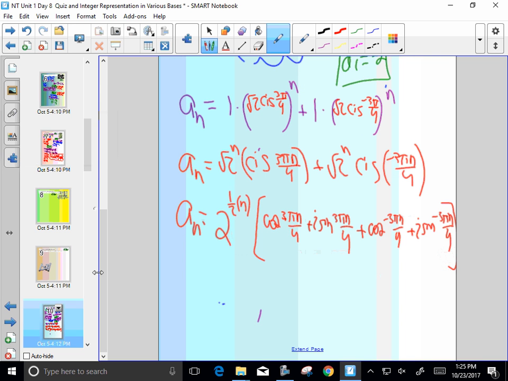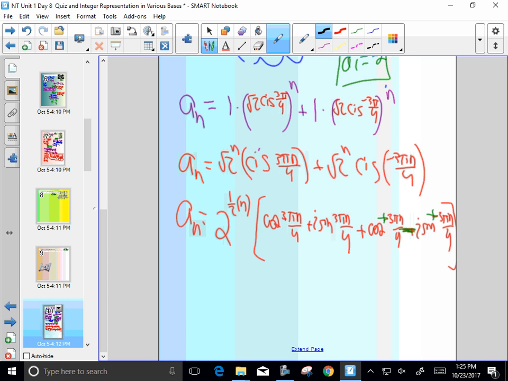Yeah, we're almost done. That's good news. But what do we know about sine negative theta? Negative sine theta. Yes, so we can change this one here to a negative, right? And then what happens to cosine negative theta? Still the same. So wonderful things are going to happen.